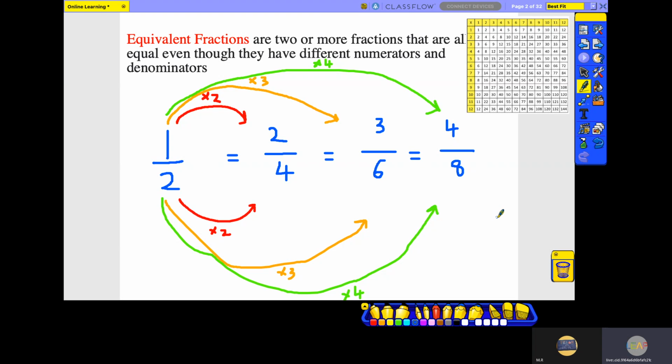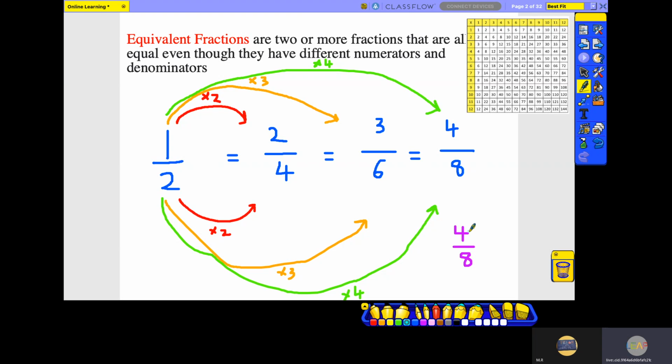They're all equivalent. Just to put that into practice, if we had 4 over 8 and had to simplify this fraction, remember, when you simplify it, you need to break it down by the same number. So ideally, you're dividing by a number that fits into both of these.